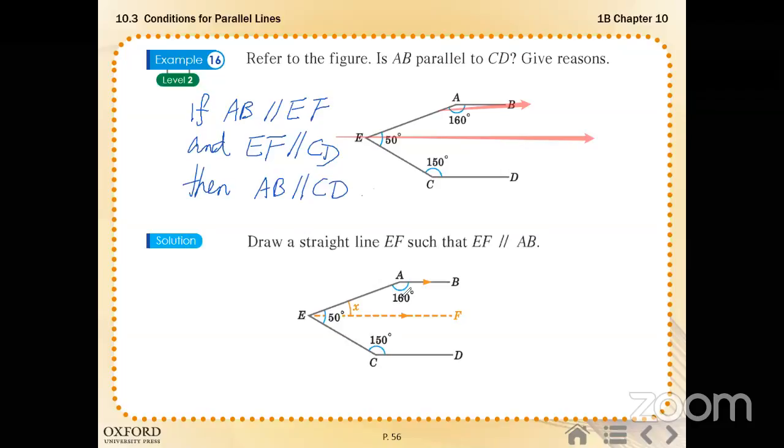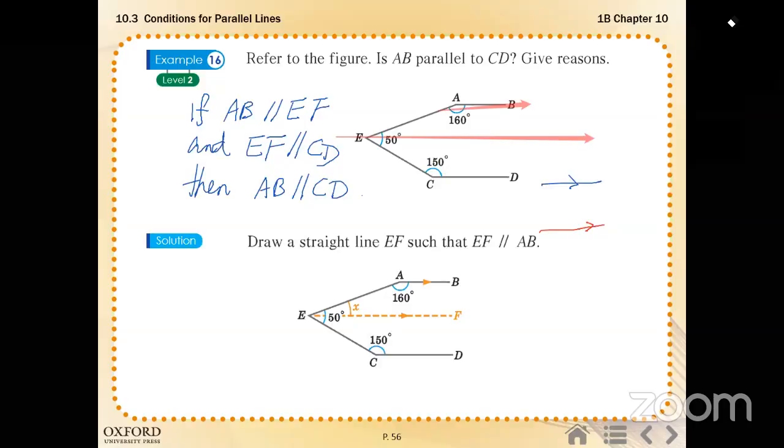Do you agree? If I know these two lines are parallel, and I have another line here that is parallel to one of them, then these two lines should be parallel, right? Agree? Yeah, this is what we want to do.